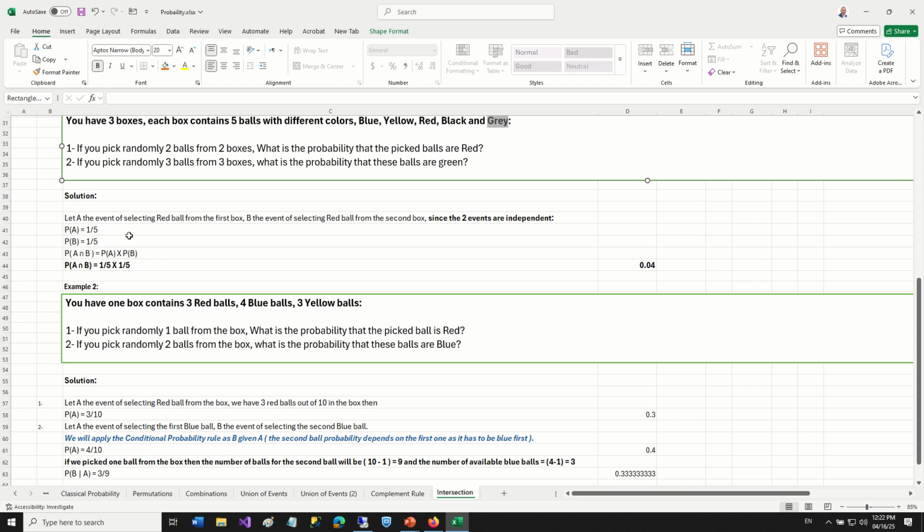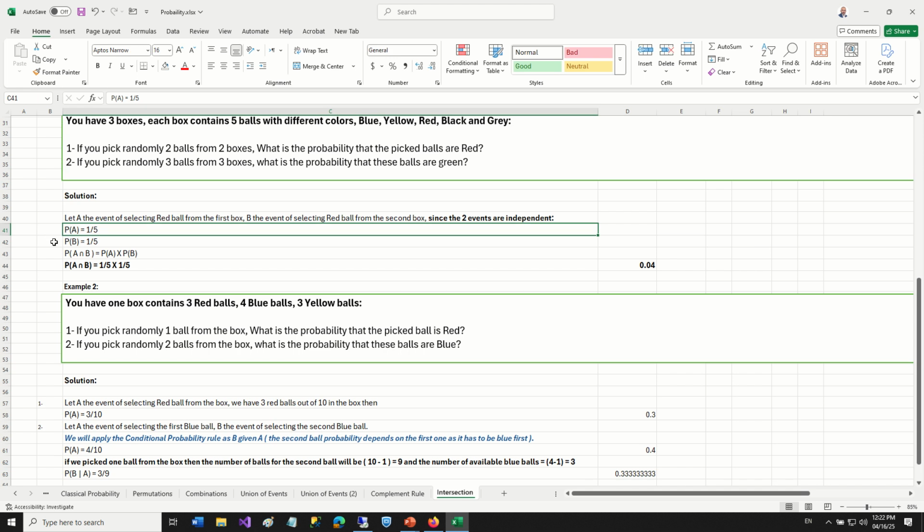Let A be the event of selecting a red ball from the first box, B the event of selecting a red ball from the second box. Since the 2 events are independent, the probability of A equals 1/5, because we have 1 ball out of 5 balls. The probability of B equals 1/5 as well.